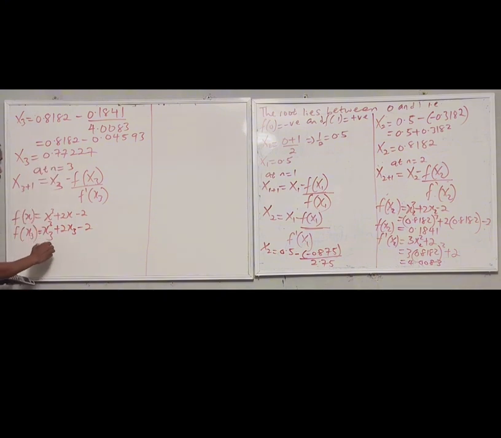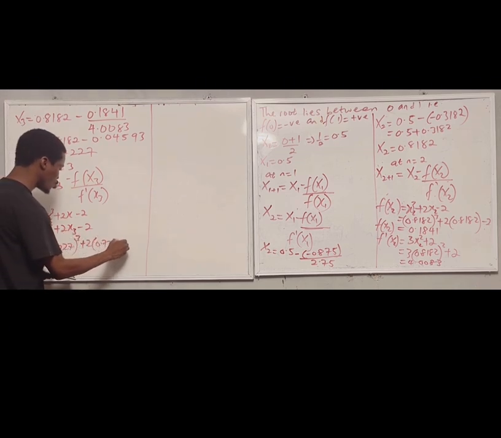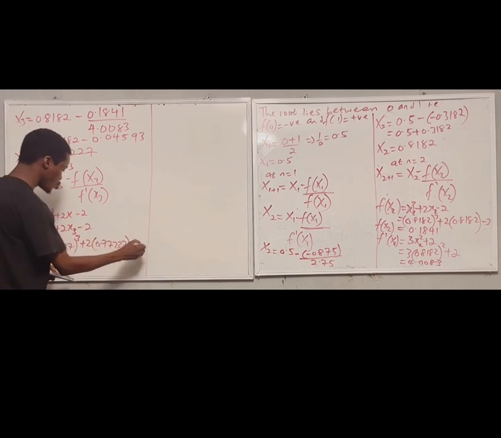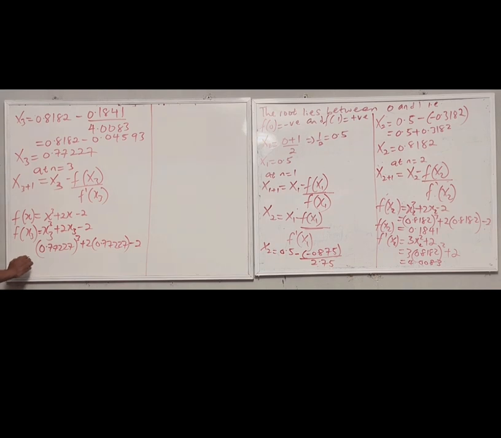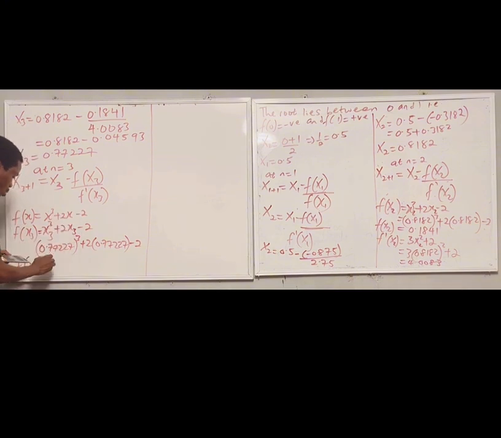I'm going to have 0.77227 to the power of 3, then plus 2 times 0.77227 squared, then minus 2. So my f of S3 will now be what? So let's solve this together. I'm going to have 0.005123.